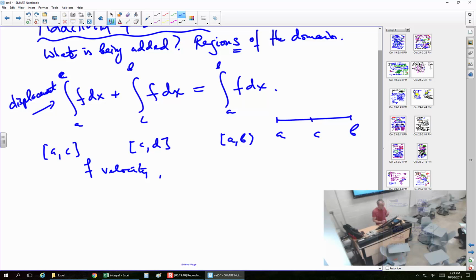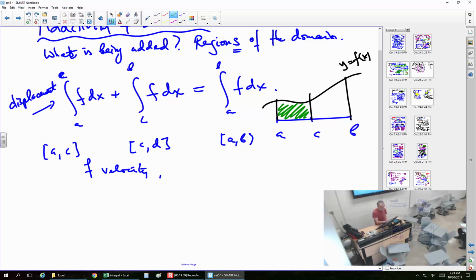Well, calculus 1 has two interpretations, and the second one is the area, and that's the one that we can utilize. So this is y equals f of x again, and ultimately remember that the integrals are interpreted as areas.